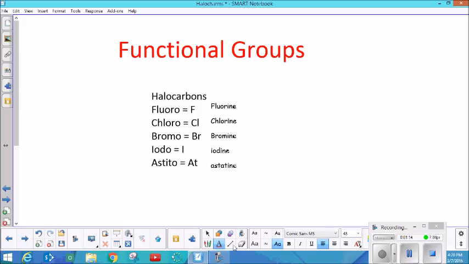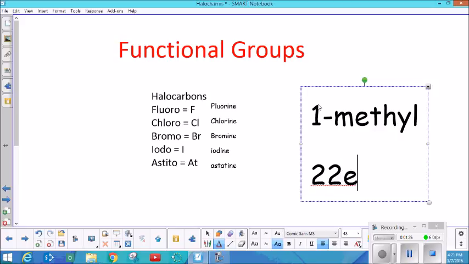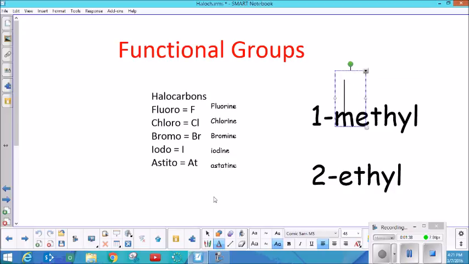So, for example, just a quick reminder, if we had one, that would be methyl. If we had two, that would be ethyl. So that's that list of methyl, ethyl, propyl, and that's when you have carbon charms.